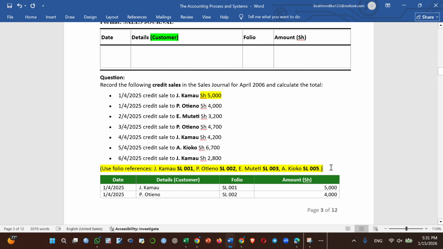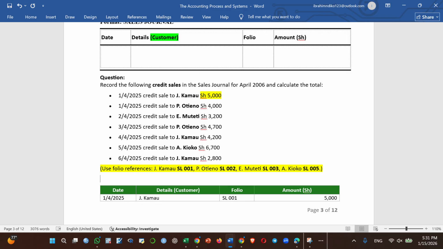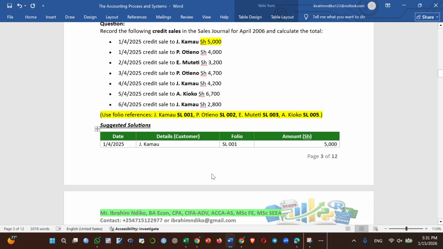Here is the suggested solution. Good. On 1st of April, as you can see here, we made a credit sale of 5,000.